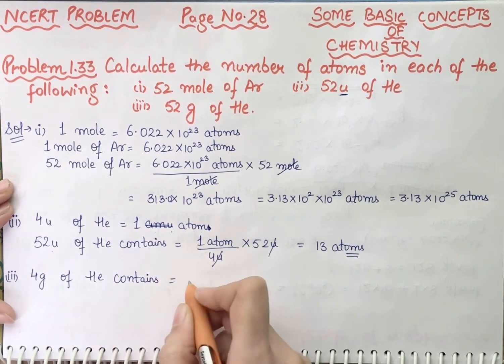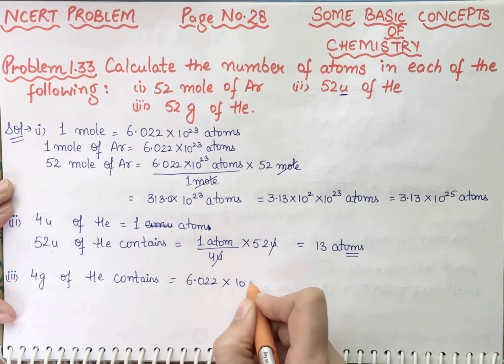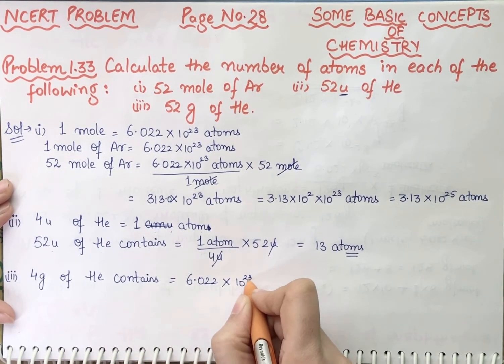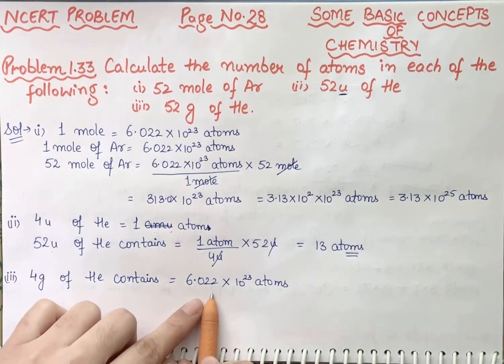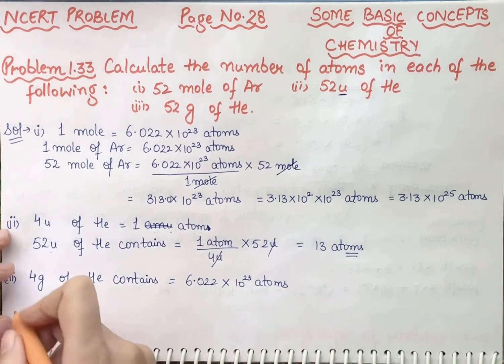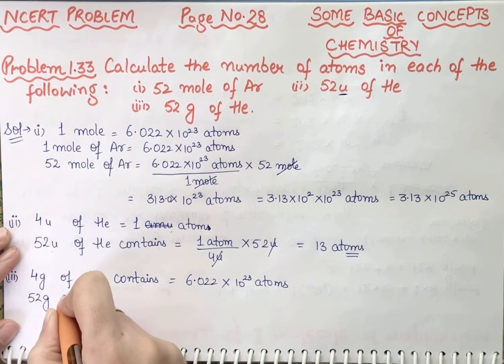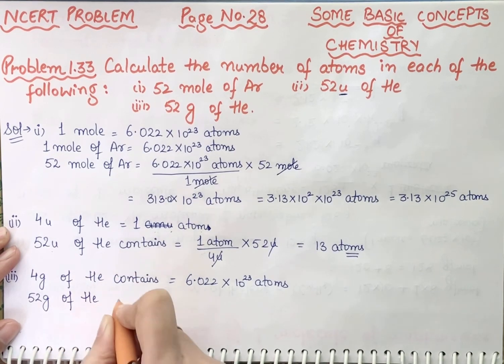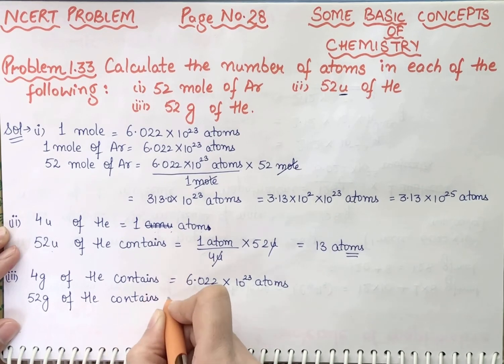So 1 mole means I'm having Avogadro numbers atom, 6.022 into 10 raised to power 23 atoms. 4 gram per mole of helium contains this much amount of atoms. Okay, now 52 gram must contain atoms equal to, again what I'll do, I'll simply apply unity method.